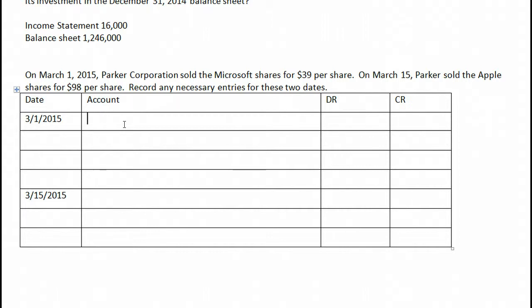So for Microsoft shares, we would debit cash for the sales price, 10,000 shares times $39 per share, which is $390,000. Since we paid $420,000, this results in a loss of $30,000.